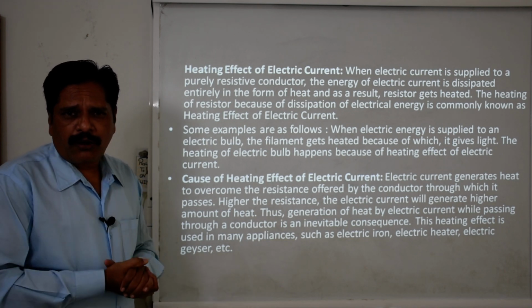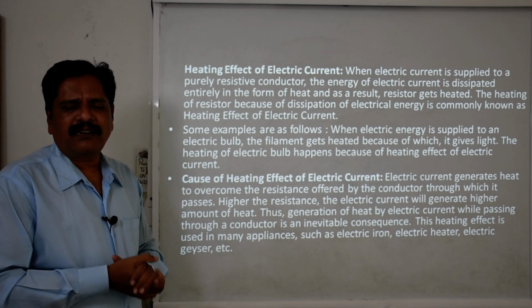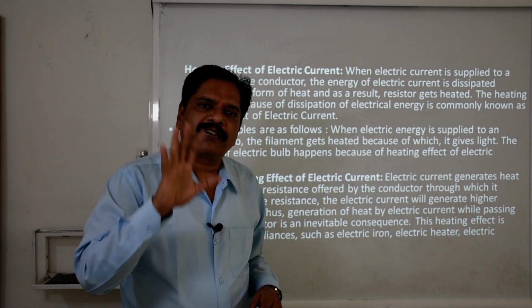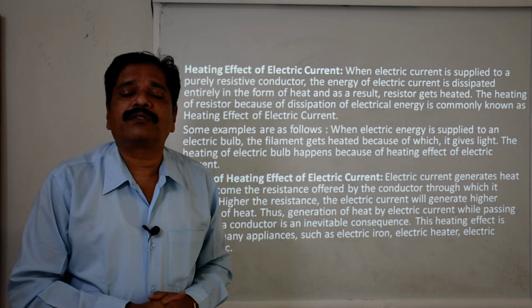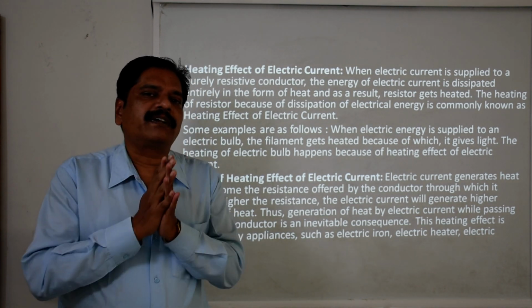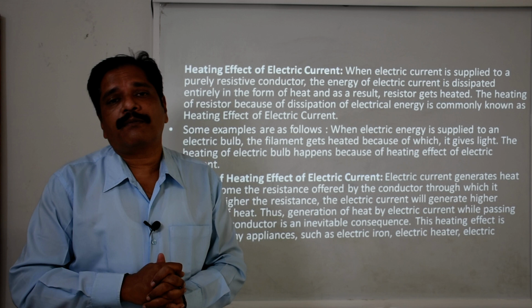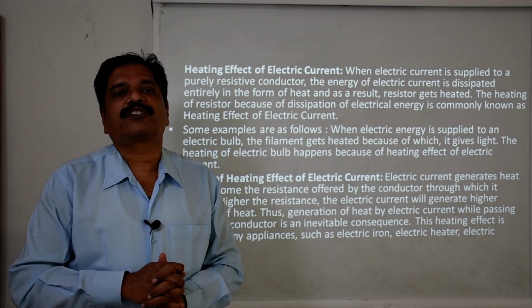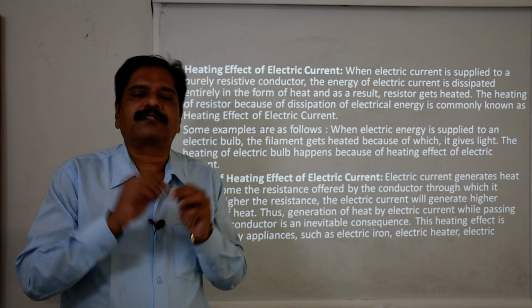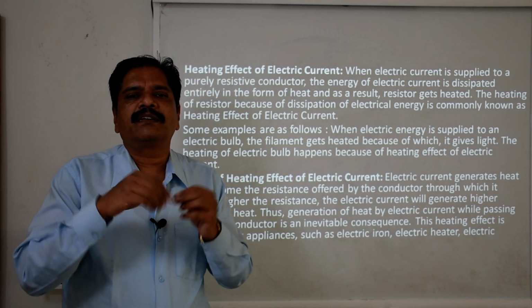This filament is made of tungsten. I am not talking about the CFL and the LED, I am talking about the ordinary bulb, in which you can see a filament made of tungsten.